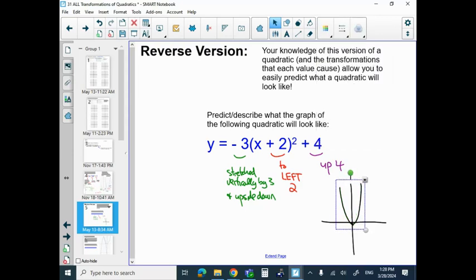So stretched by a factor of 3, so it's going to be taller by a factor of 3. And then it's going to be shifted to the left 2 steps. So 1, 2, and have that same shape from this spot. And then up 4, so the final one being purple, up 4. So 1, 2, 3, 4. Up here, same shape.